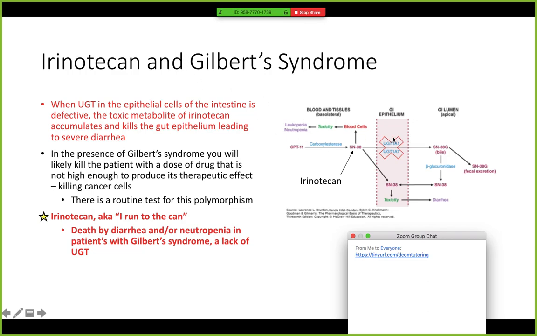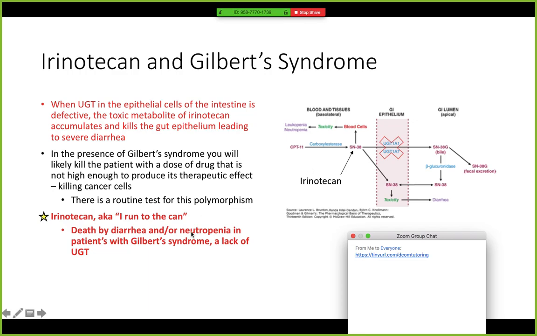So Gilbert syndrome is a lack of UGT1A1, and one of the toxic metabolites of irinotecan, I added this into the image to hopefully make it more clear, is SN38. So if you have a lack of UGT1A1, you're not going to be able to break down that SN38, which is going to exacerbate the toxicity that you see with irinotecan.